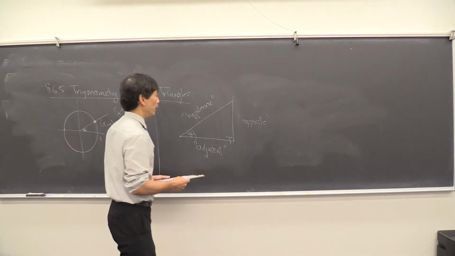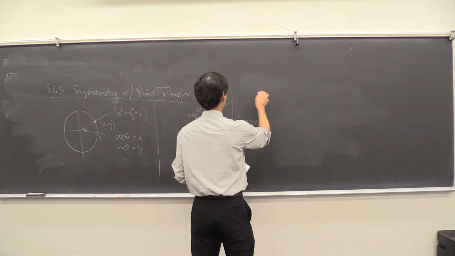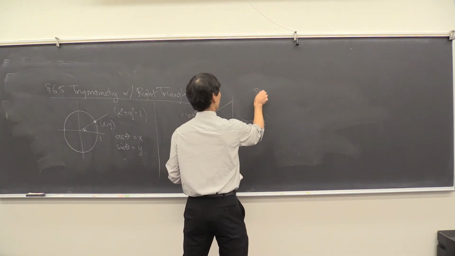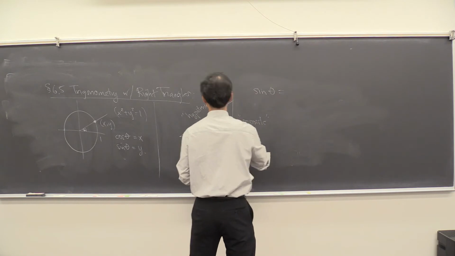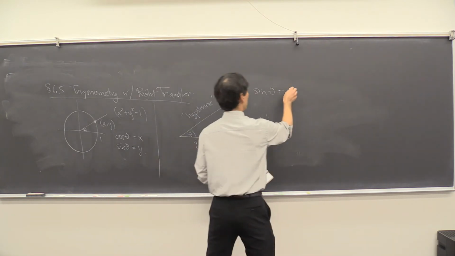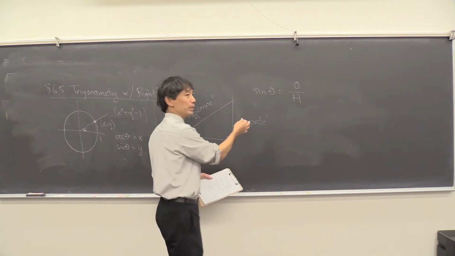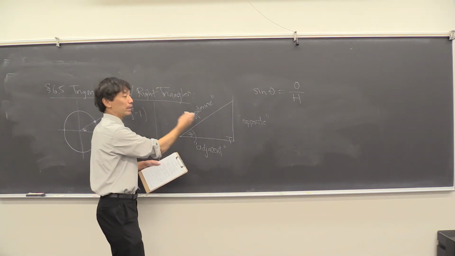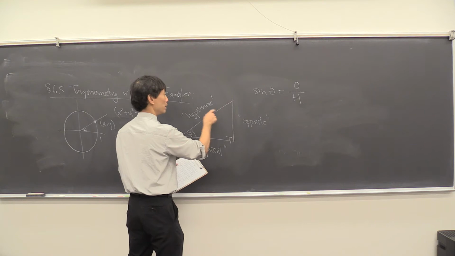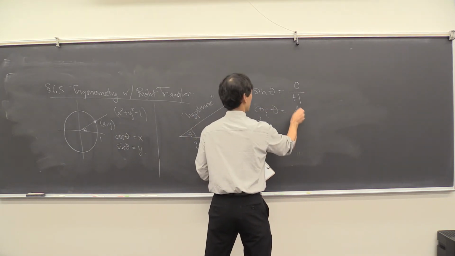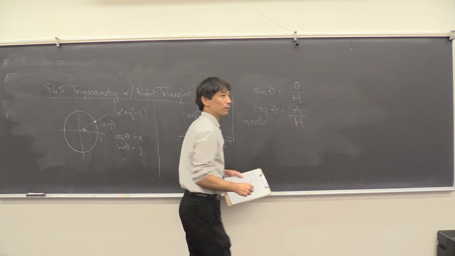The way that sine and cosine are defined in this world is, the sine is going to be the opposite over the hypotenuse, the length of the opposite over the length of the hypotenuse. So you take this and you divide it by this. The cosine is going to be the adjacent over the hypotenuse.